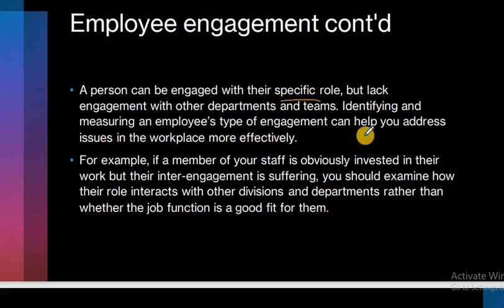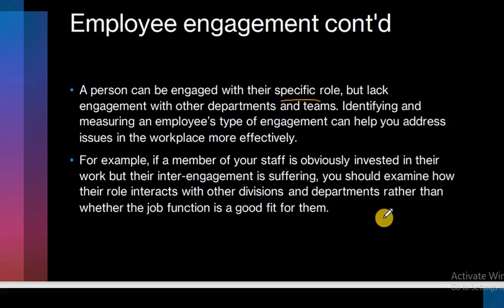So identifying and measuring an employee's type of engagement can help you address issues in the workplace more effectively. For instance, if a member of your staff is obviously invested in their work but their inter engagement is suffering, you should examine how their role interacts with other divisions and departments rather than whether the job function is a good fit for them.